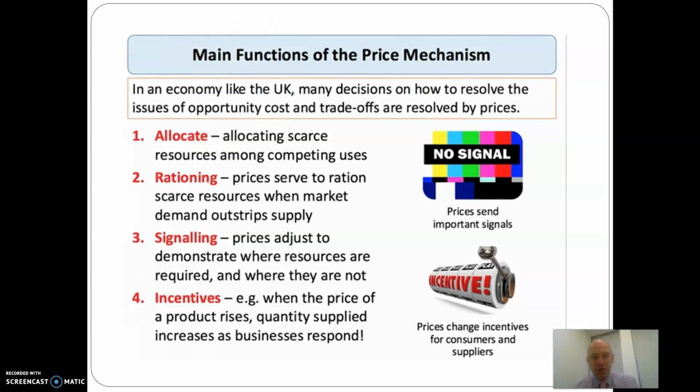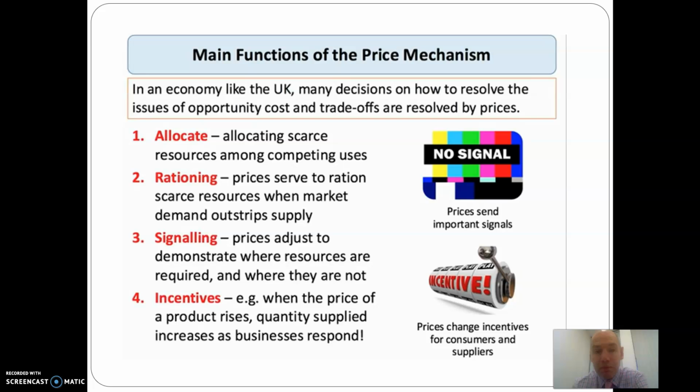Okay, main functions of the price mechanism. Now in terms of this, the allocative and rationing function are normally commented on together. So it looks at allocating scarce resources amongst competing uses, and in terms of rationing, really prices ration resources to those who are prepared to pay more.